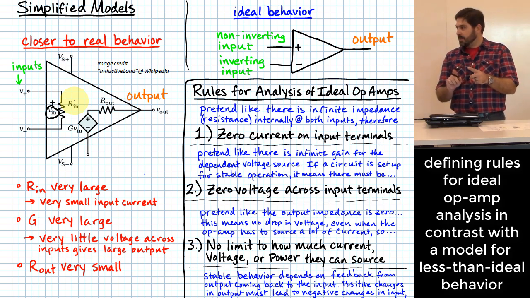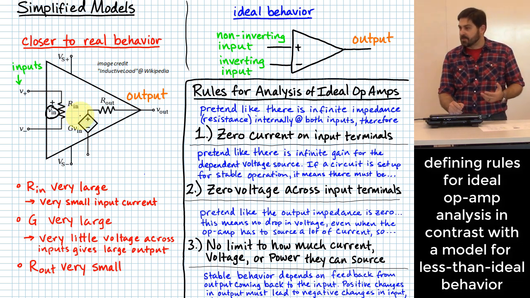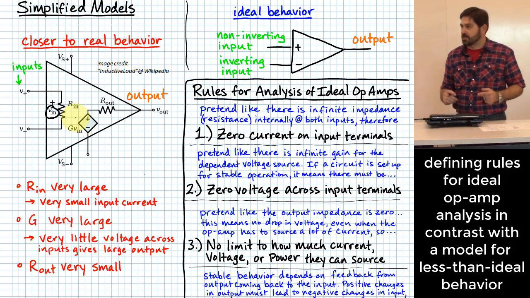Isn't that cool? So that's what they're going for, to try to make that R value, Rin, as high as possible. Now, can they make it fully infinite? That's hard to do with anything in the real world, but they're trying to make that Rin value as high as possible.